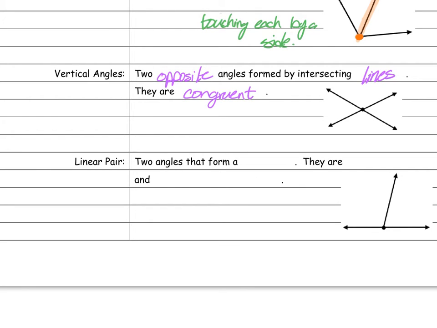Let's first talk about the first line. They're two opposite angles formed by intersecting lines. If you look at our picture here, we have one line here and we have one line here. So where are my opposite angles? Well, I have one angle here and one angle here. They're opposite of each other. They share a vertex, they're opposite of each other. And then I have one angle here and one angle here.